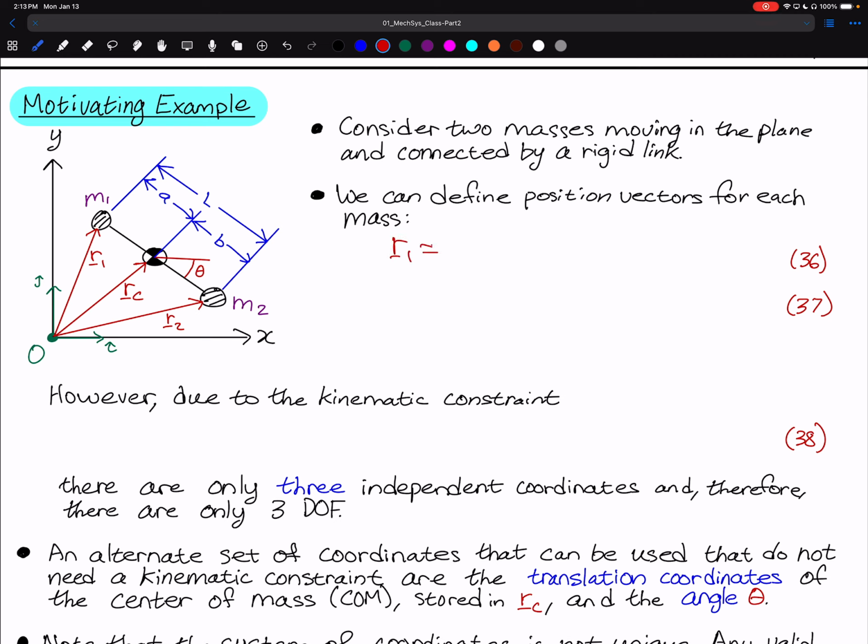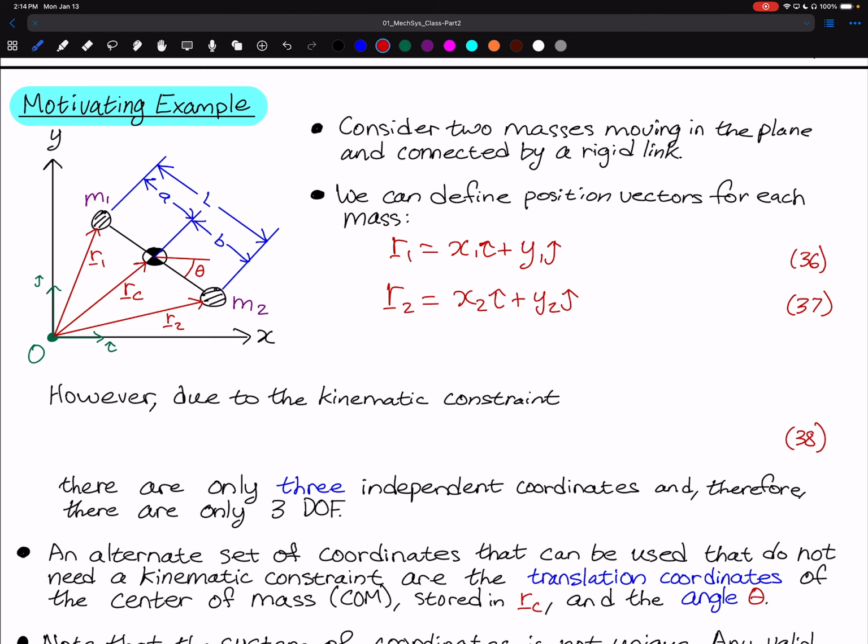R1 is going to be equal to x1 in the i direction plus y1 in the j direction. Nothing too complicated there. R2 is equal to x2 i plus y2 j. And here we have four coordinates that describe the motion of this system.